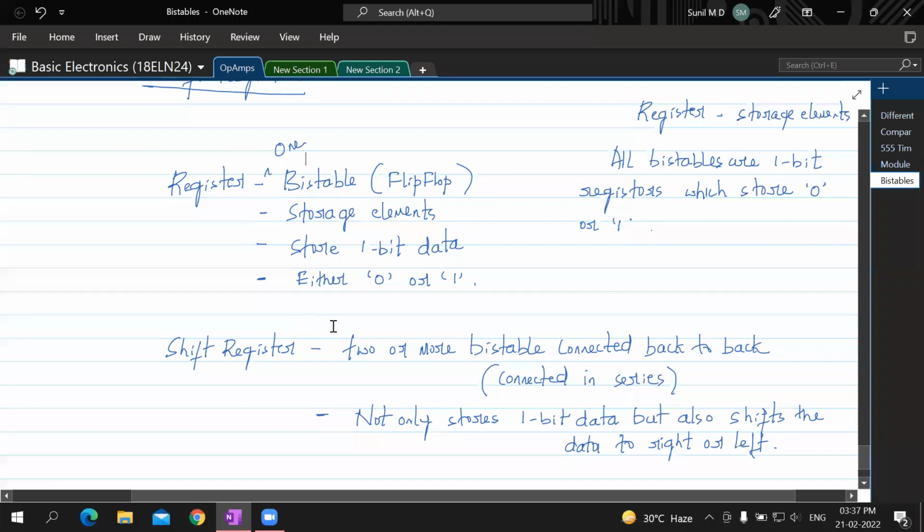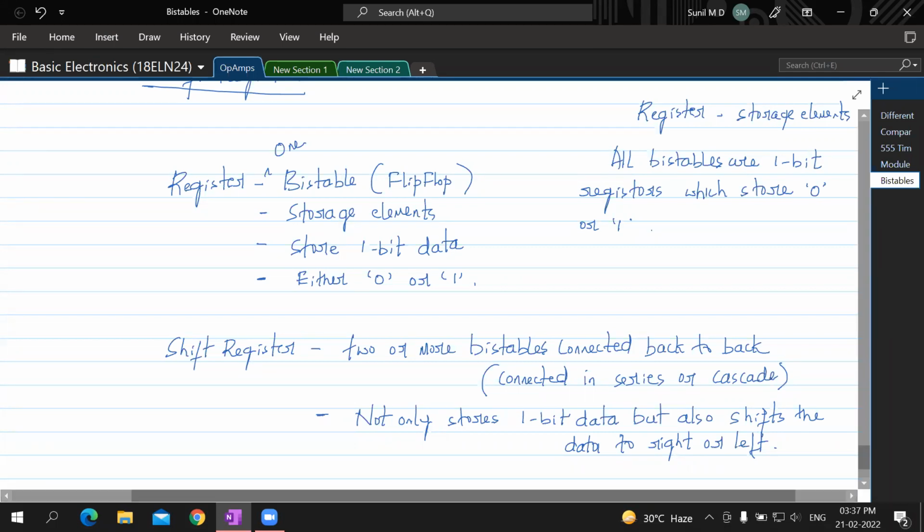A shift register is two or more bistables connected back to back, connected in series, or it can also be called a cascade connection. Cascade is series. I'll show you what it means.